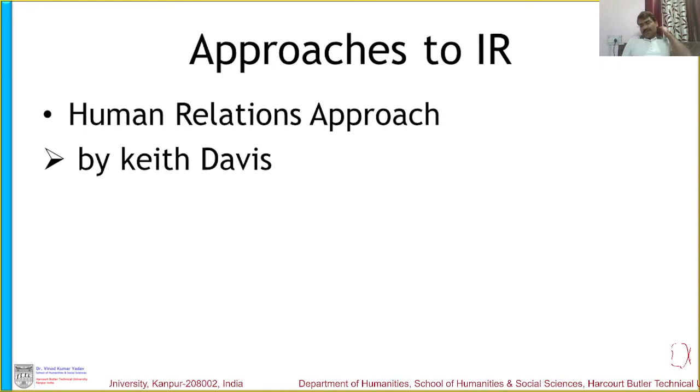So when you talk about relations, obviously that would include your emotional relations also. And to some extent, it is not wrong to say that emotional relations are also contributing to the human relations approach.